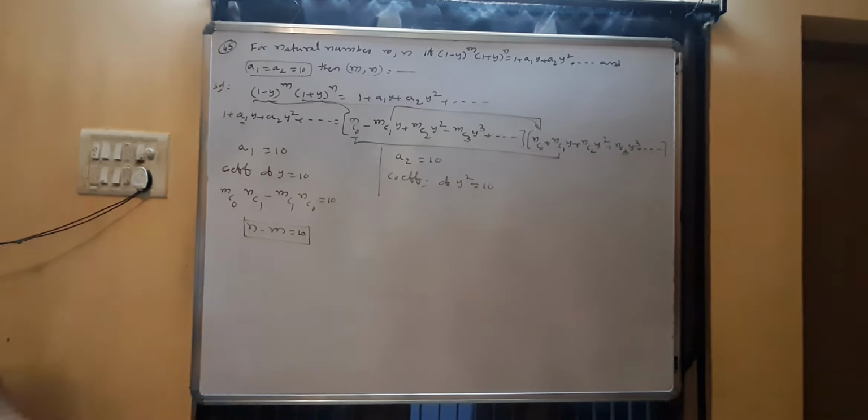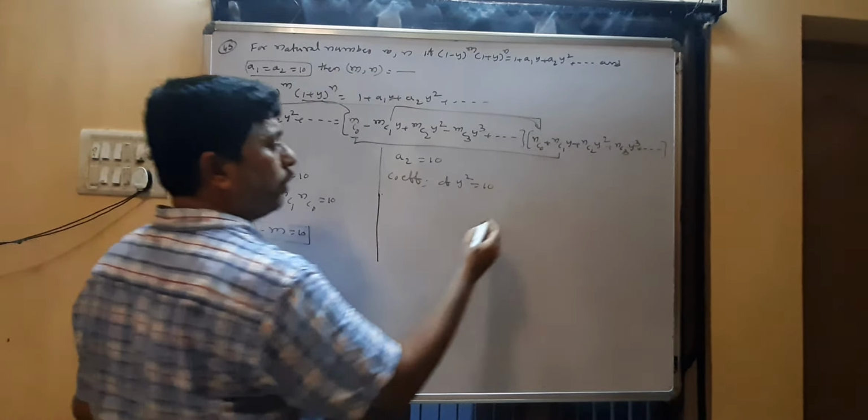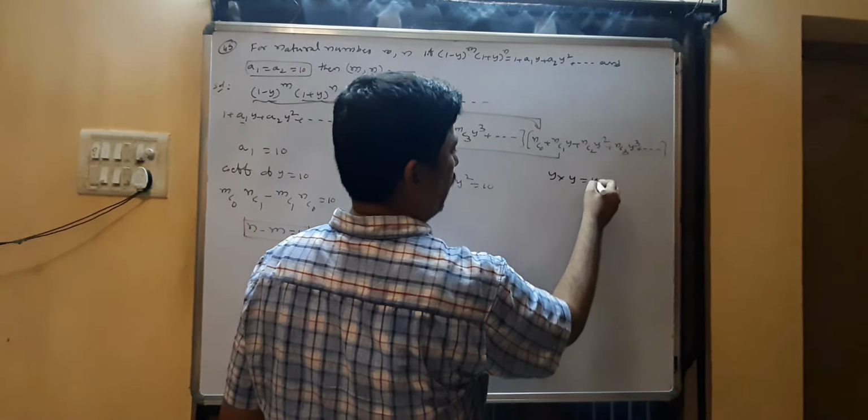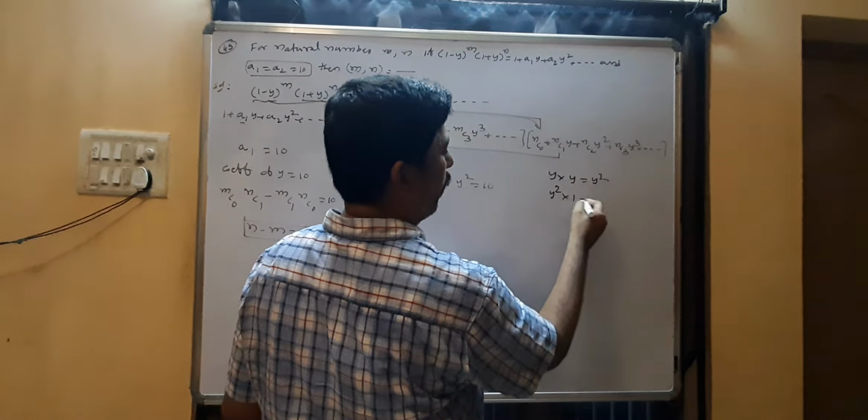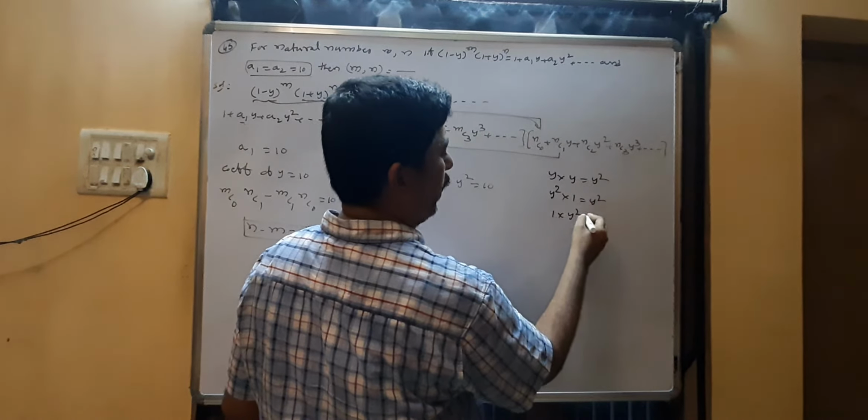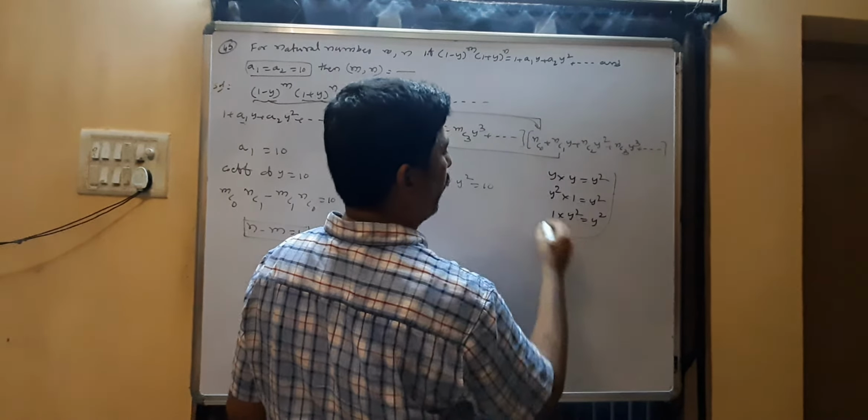Next, the coefficient of y square. It comes from y into y square, y square into 1, and 1 into y square. So you have to find the three terms.